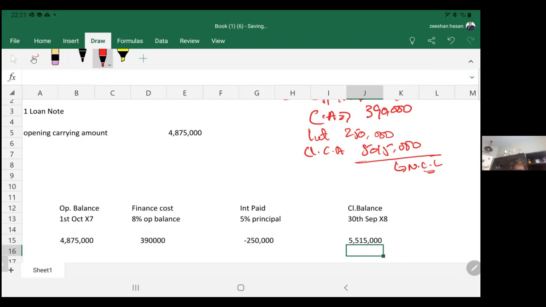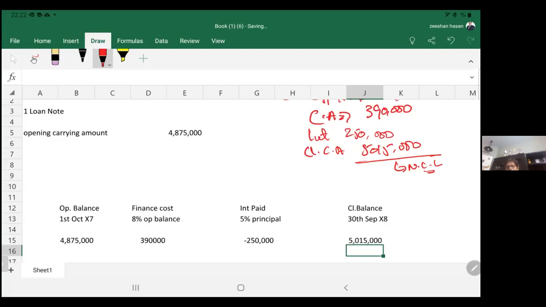Just a second. How much am I getting? All right. Sorry, that was a formula error. So the closing balance will be 5,015,000. So far, so good. I hope you get it till here.